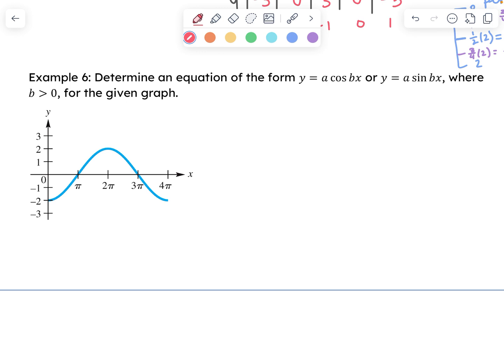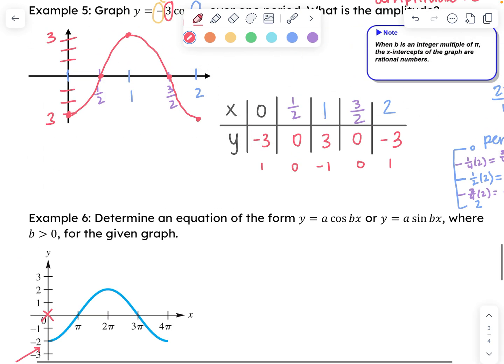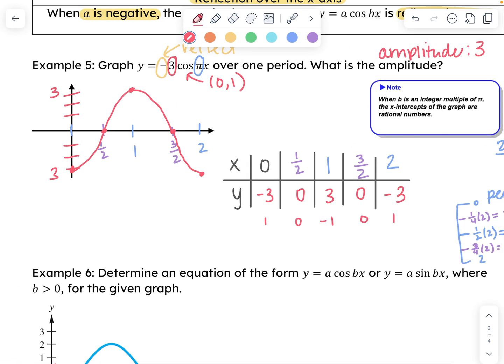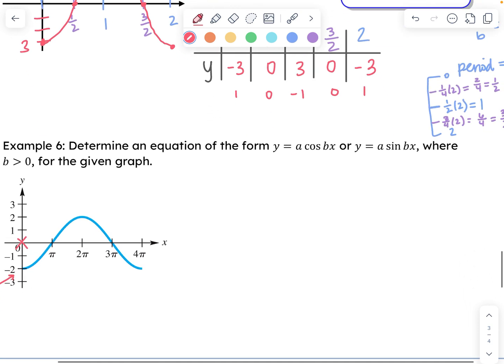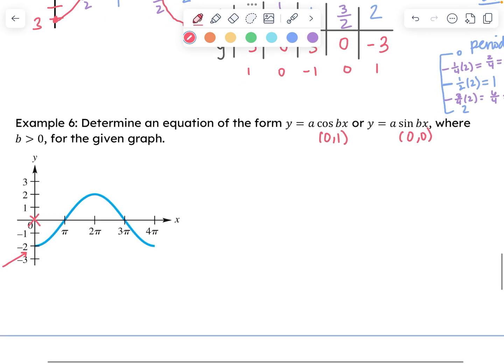So since we're starting down here and not at 0, that's pretty much a dead giveaway of which one it's going to be. Because remember, the cosine graph, just like this one, normally starts at 0, 1, where the sine graph normally starts at 0, 0. So if we're not starting at 0, 0, yes, we are starting down, but that's going to come from our amplitude and our reflection and everything.